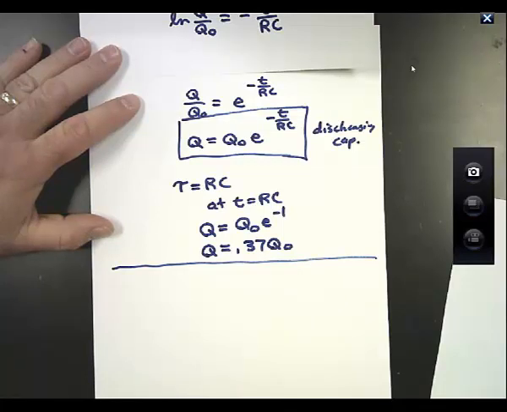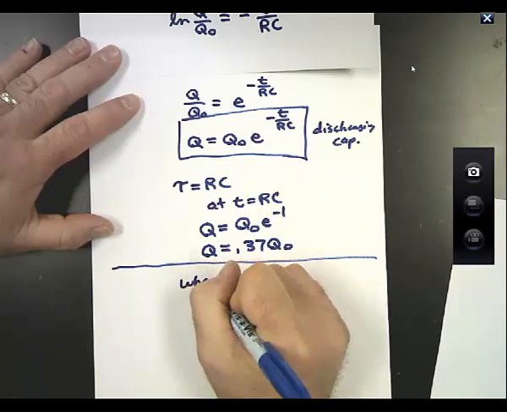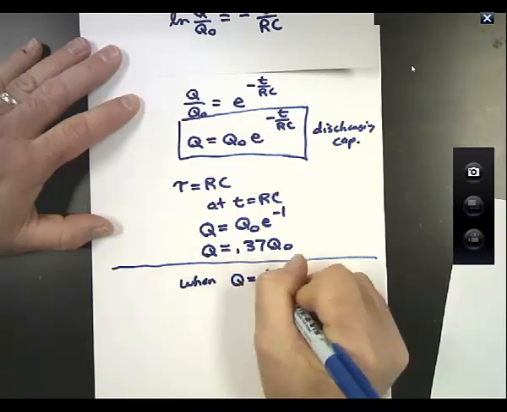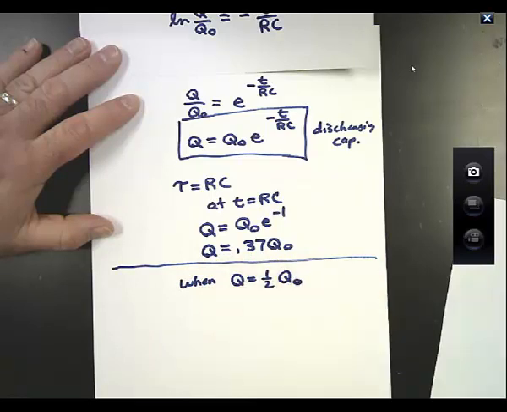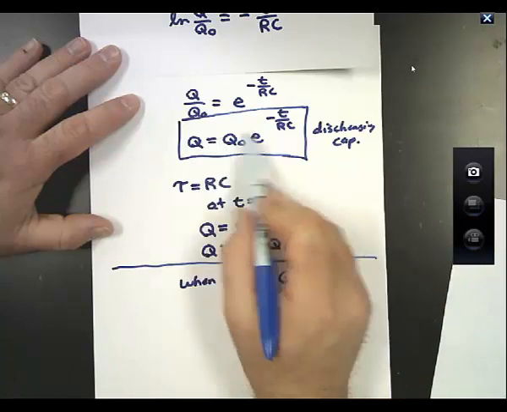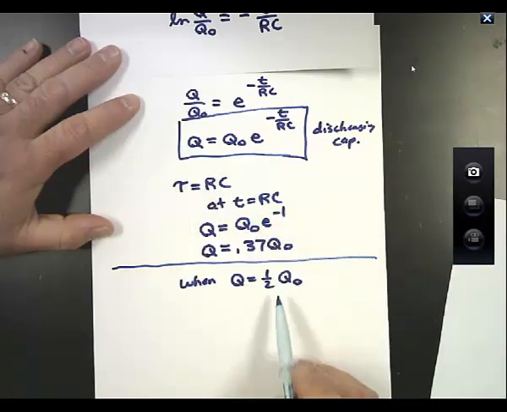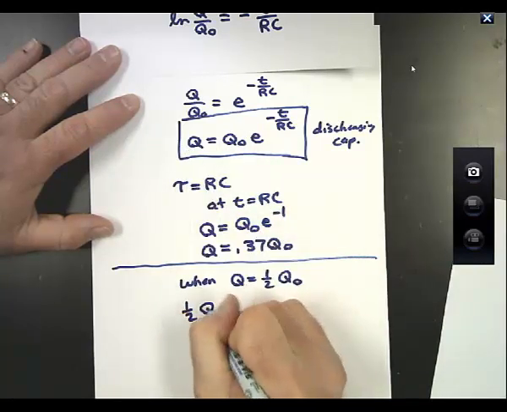Another special time, just like a radioactive isotope: since this is exponential decay, we can think of its discharging as having a half-life. So you could say, hey, when q equals 1/2 the maximal charge, we can set up our equation again, go back up here, replace q with 1/2 q naught, and we can figure out what's going on then.